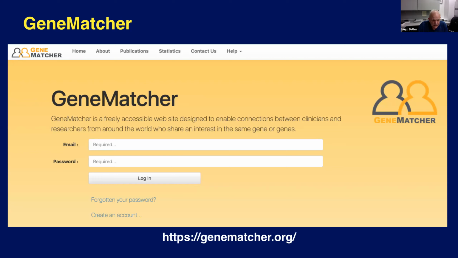The first one is GeneMatcher, and GeneMatcher started in 2014 and is a freely accessible website designed to enable connections between clinicians and researchers.